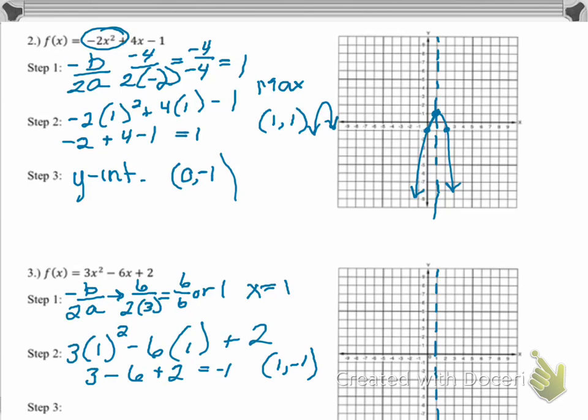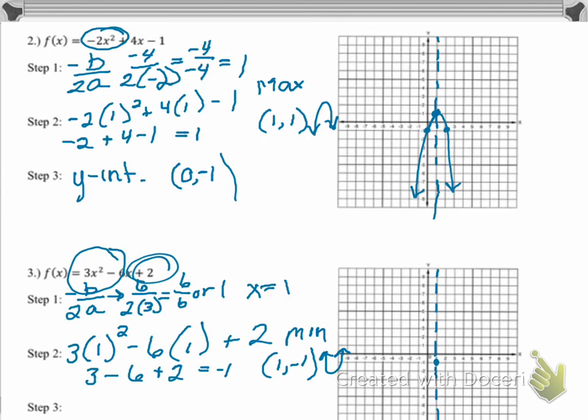Now, is this going to be a max or a min? Well, according to my a value being positive, I will have a min. And so I know my parabola is going to open upwards. So I can go ahead and go to the point 1, negative 1. There's my vertex. And then part 3 says to identify my y-intercept.